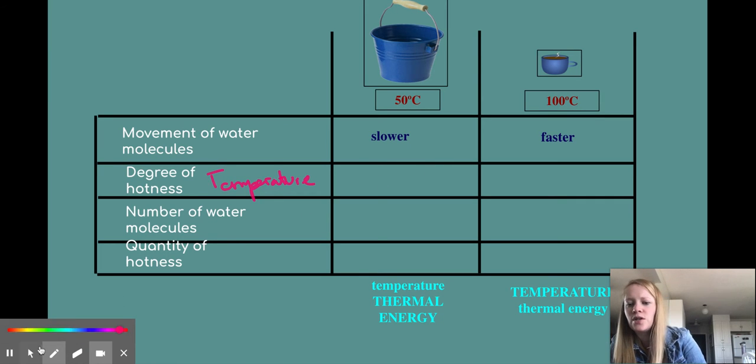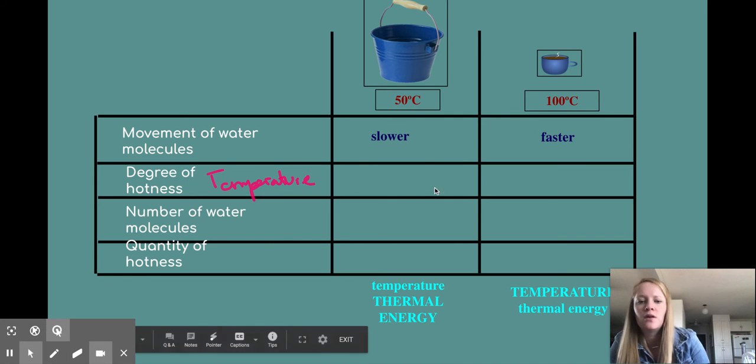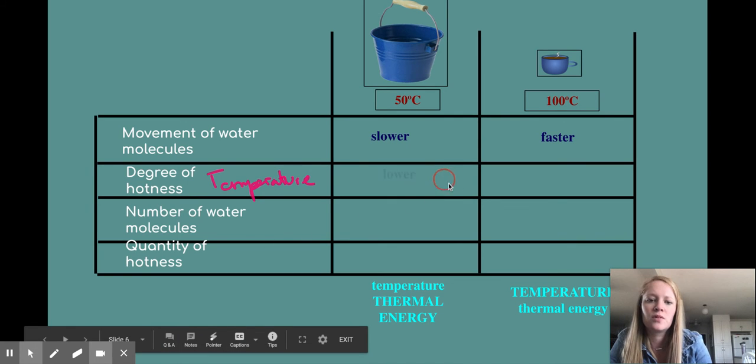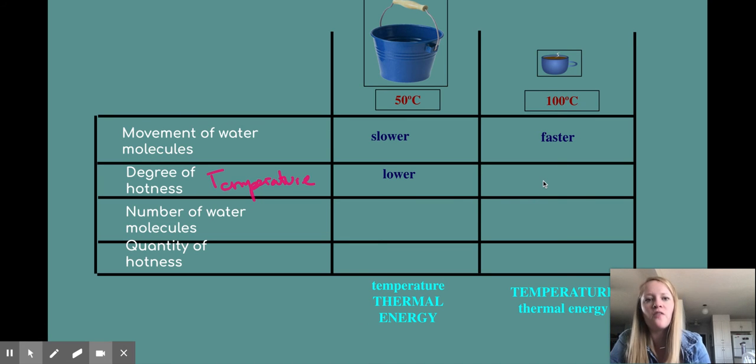So temperature, in comparison, the bucket would have a much lower temperature, a much lower average kinetic energy, because the particles are on average moving slower, where the particles on average in the teacup are moving much faster.